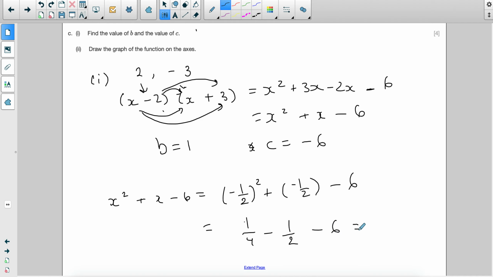And that should give you a decimal number, negative 6.25, which is the same as negative 25 over 4.